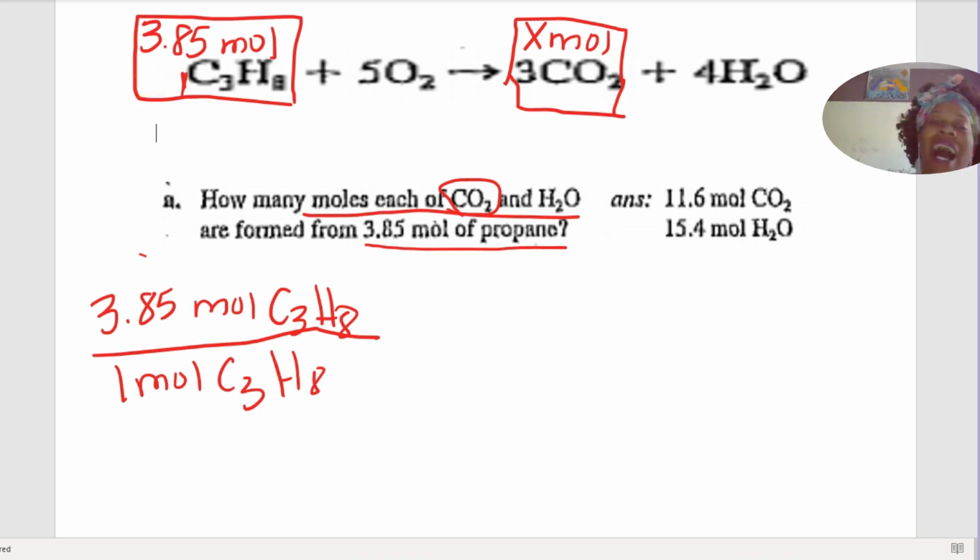Now, let me give you all an idea of how to actually predict what the final answer is going to be. Let's say that we round this number off to 4 just because we want to make sure that we can kind of think ahead without using these decimals in our numbers. If I told you that you start off with 1 of something and then it goes up 4 times the amount, what do you think carbon dioxide is going to do?